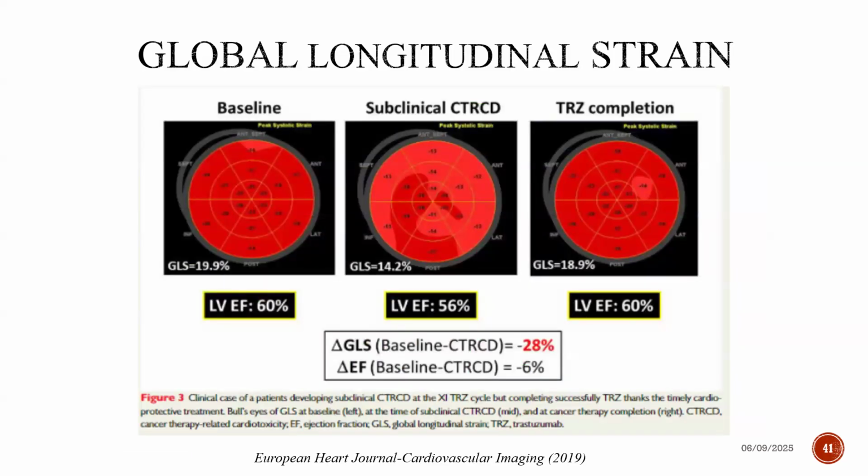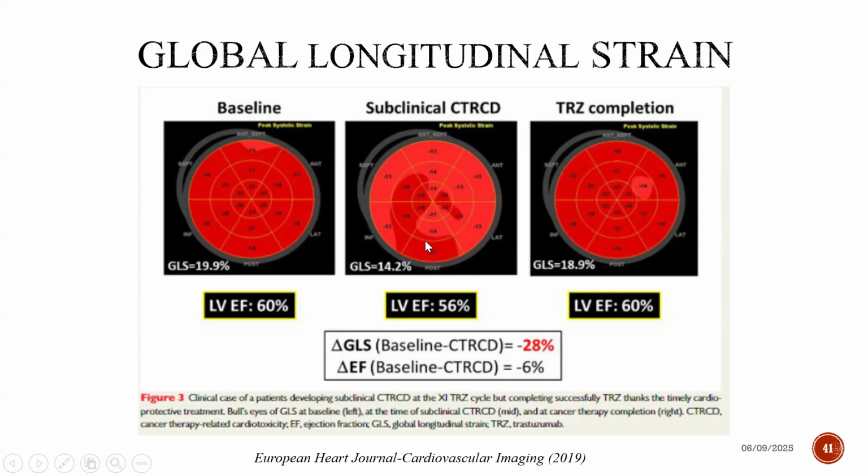This slide shows the global longitudinal strain of a patient at baseline, during the treatment, and also after treatment. So for this particular patient at baseline, the patient had an EF of 60%, which was normal, with a GLS of -19.9, which was also normal. However, during the treatment, this patient was on trastuzumab.